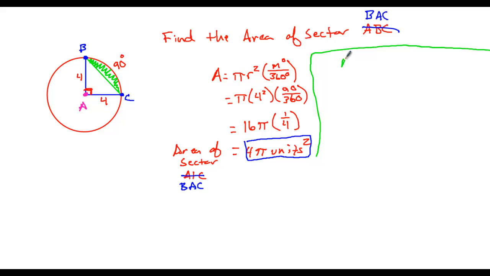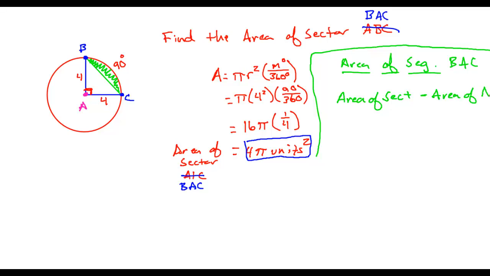And now we're going to do area of segment BAC. And we said that the area of the segment is equal to the area of the sector minus the area of the triangle. So we already know the area of the sector. That's right here, right? So we'll do 4 pi minus the area of that triangle.